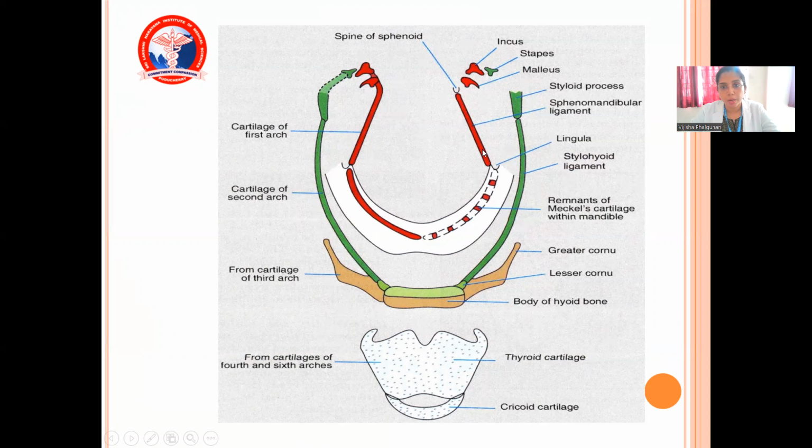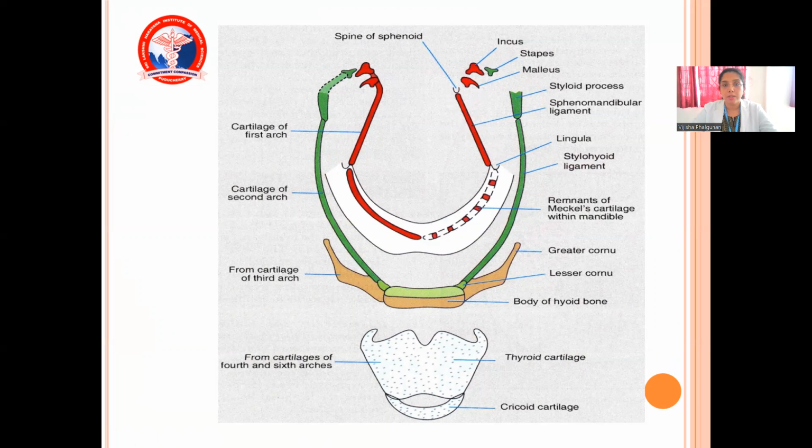Then you have sphenomandibular ligament. Then you have the remnants of Meckel's cartilage of mandible. The malleus, incus, sphenomandibular ligament and the remnants of Meckel's cartilage within the mandible are all given red color, because all these structures are derivatives of the first pharyngeal arch.